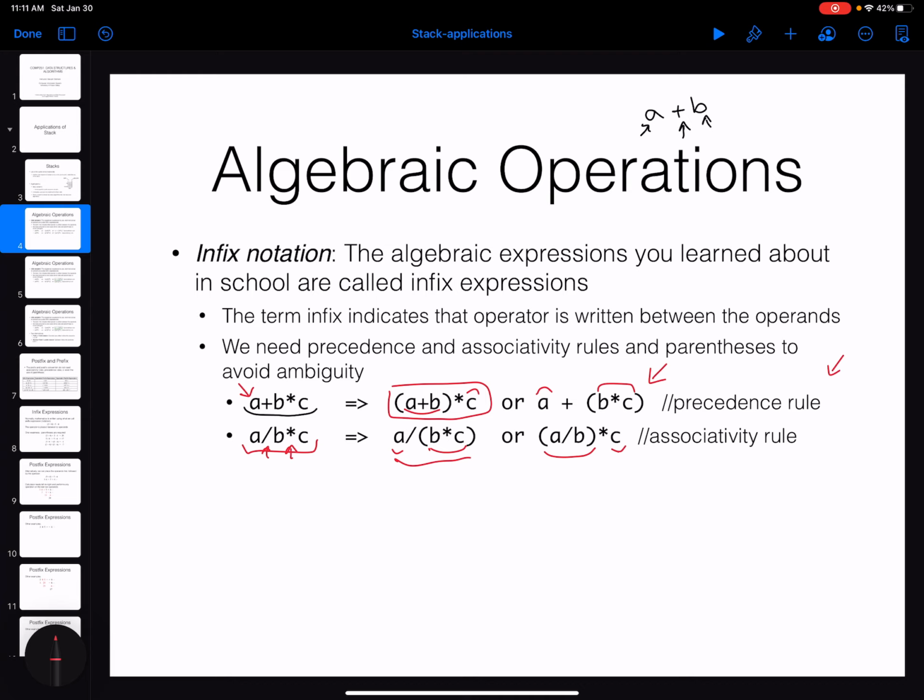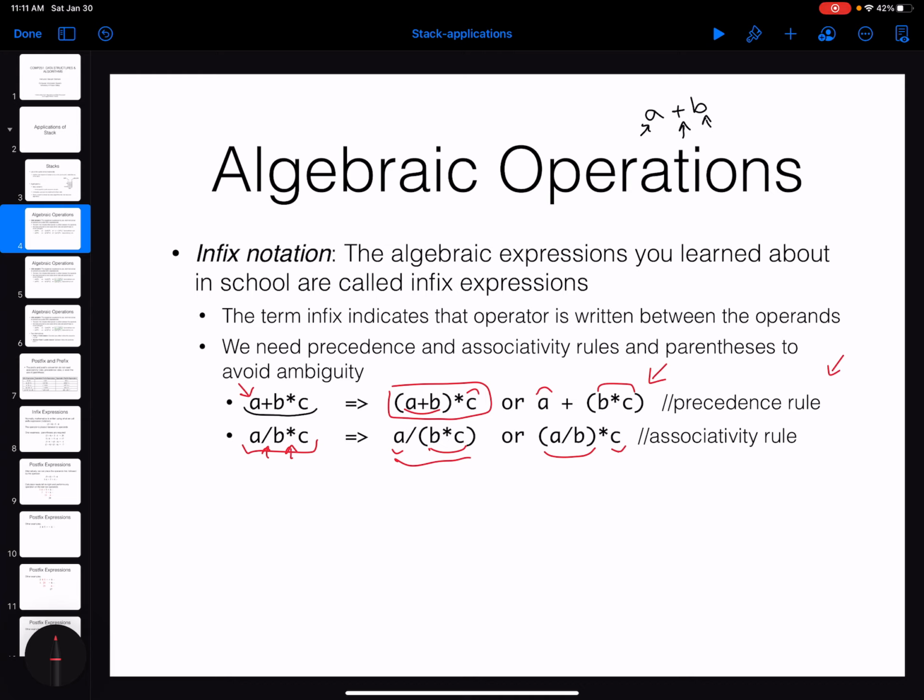Again, we as humans know that if we see operators which have the same precedence level, we read the expression from left to right. So we apply the operators which are of the same precedence from left to right.